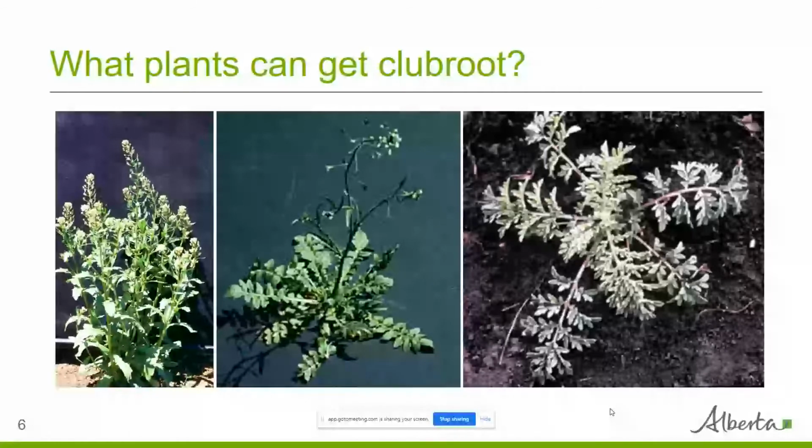Any wild mustard or brassica plant, whether it's a weed or a crop, is potentially susceptible to clubroot. And canola being a major crop, we have lots of the host plant available across widespread acres, and that's one of the reasons why it has spread so quickly in canola. But these other crops have also been reported to have clubroot in Alberta.